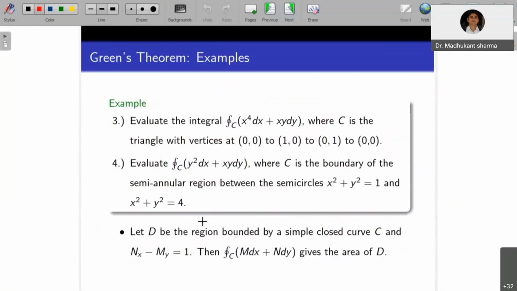Now, let's look at the following problem number 3. Evaluate the integral where C is the triangle with vertices at so and so.